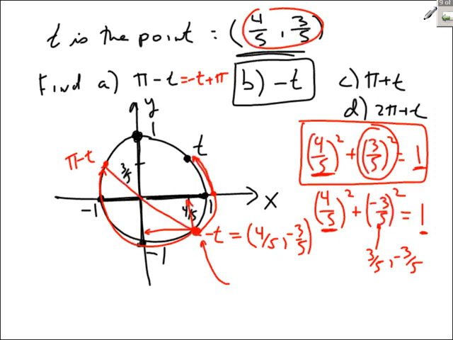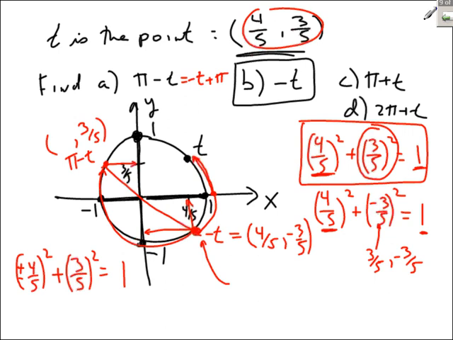So you can read off the y value. It's 3 over 5. The y value is 3 over 5. And the x value, it has to be 4 over 5 or negative 4 over 5. Okay, what do you square and then add to the y value, 3 over 5 squared, to get 1? Well, there's only two answers, plus or minus 4 over 5.